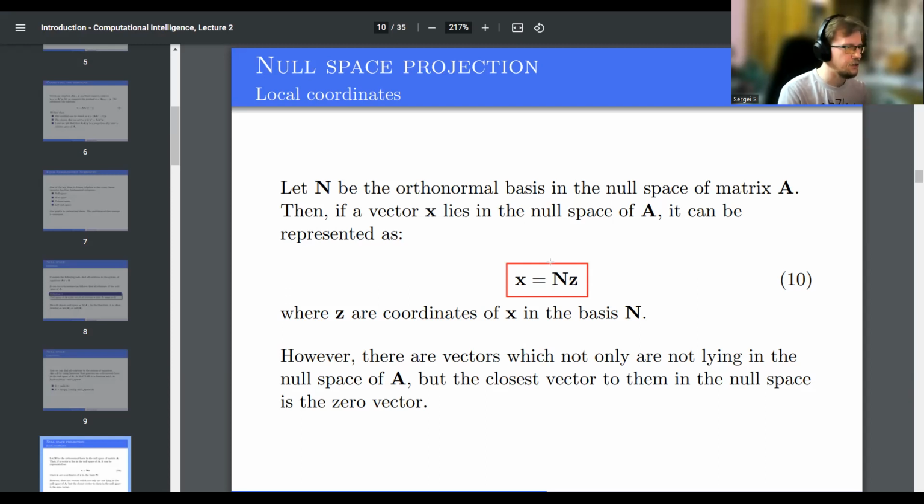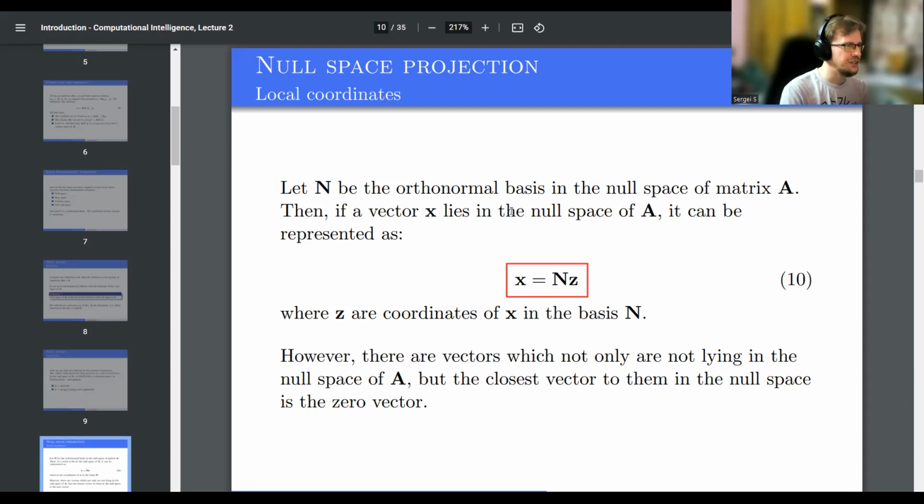Now, we can find vectors which are not lying in the null space of A. Of course, not every vector is in the null space. We can even find vectors for which the closest element to them in the null space is a zero vector.